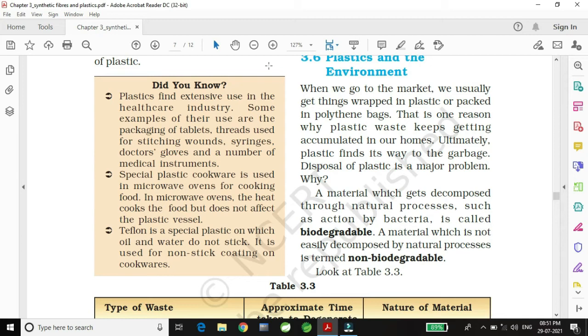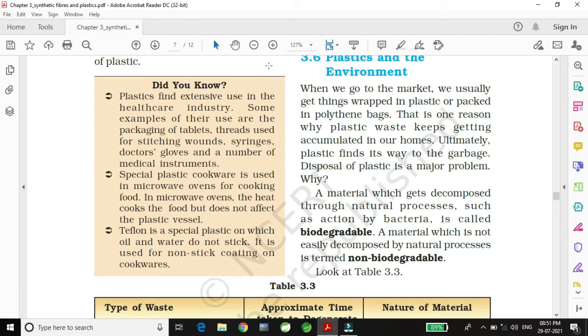In a microwave oven, the heat cooks the food but doesn't affect the plastic vessels. Mostly inside the microwave oven, if we look, a plastic container is there. On top of it we keep food and heat it. So the food will get heated, but the plastic container will not be affected. The heat will not affect it.